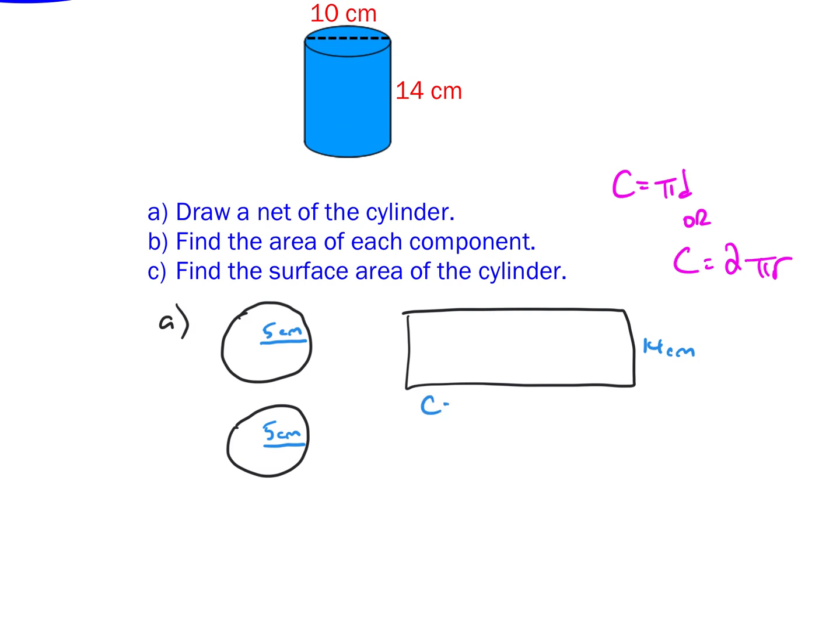So circumference is pi times diameter, which is what? Very good. Use the pi button on your calculators, and if you multiply pi by diameter, you're going to get 31.42 centimeters.